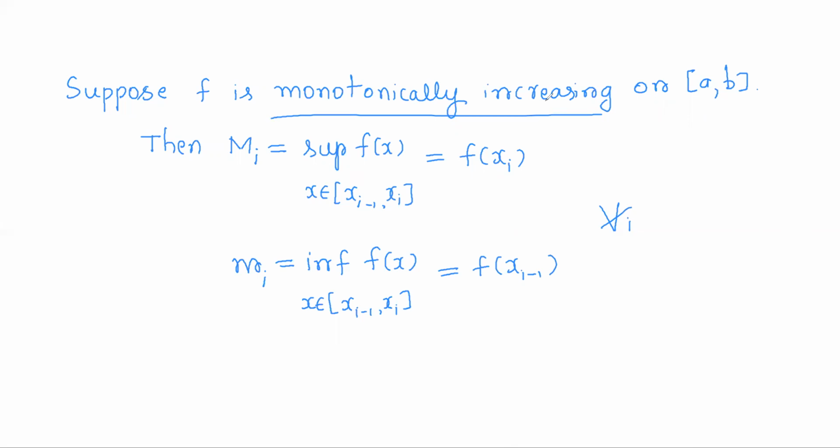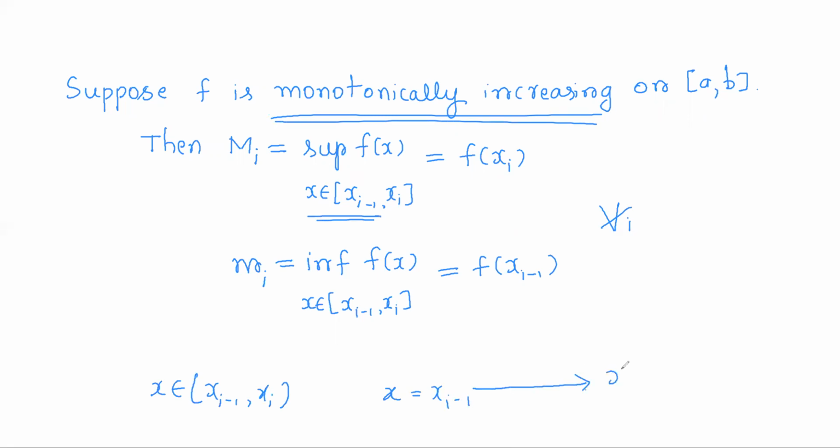So what does monotonically increasing say? Monotonically increasing function means as the value of the domain points increase, correspondingly the function values also increase. So observe here. If I vary x over the closed interval xi minus 1 to xi, x starts from xi minus 1, gradually increases, and finally attains the value xi.